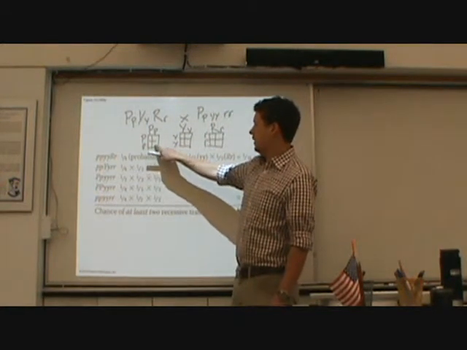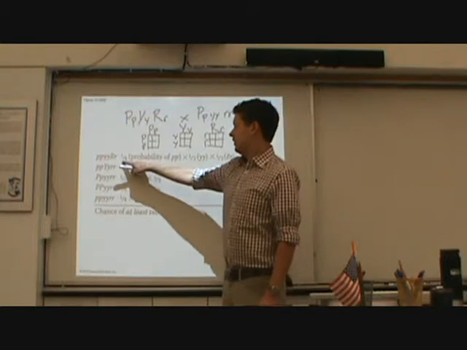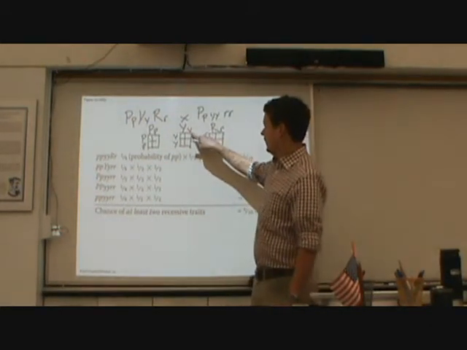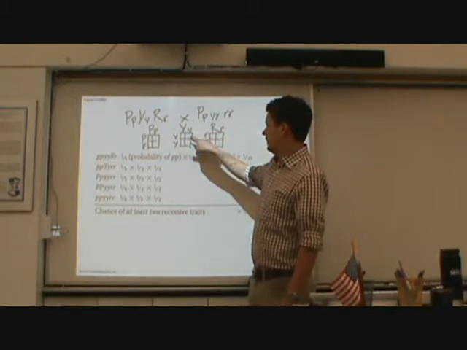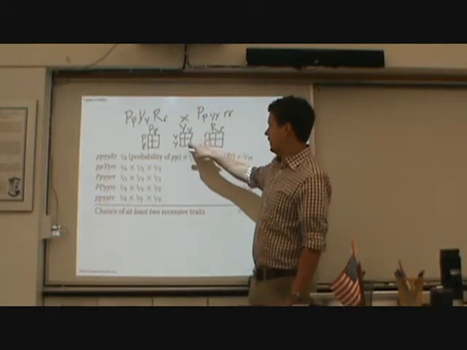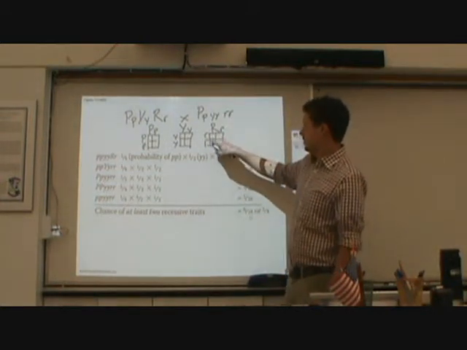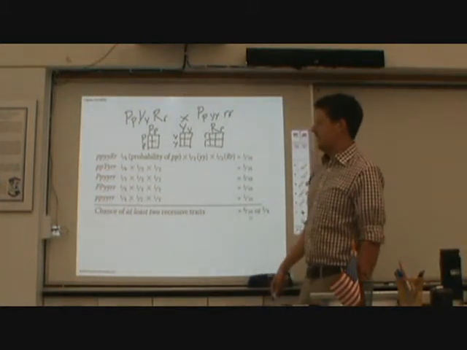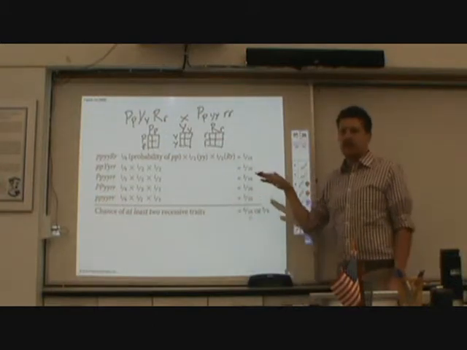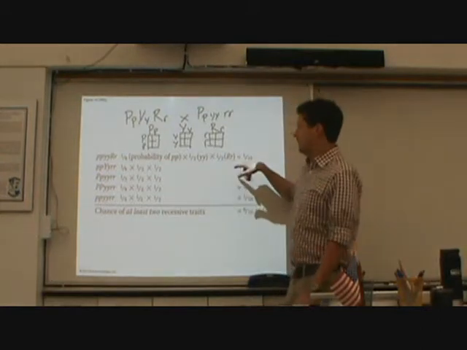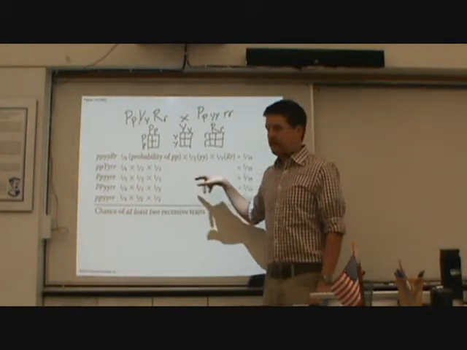That's only going to be this square, right? So that's 1/4 there. 1/2 to get little y, because both of these are going to be little y. And 1/2 to get big R, little r, because that'll be both of these ones. So you can calculate all these possibilities of getting these combinations just by multiplying these by each other, right?